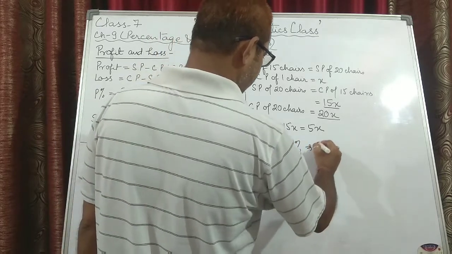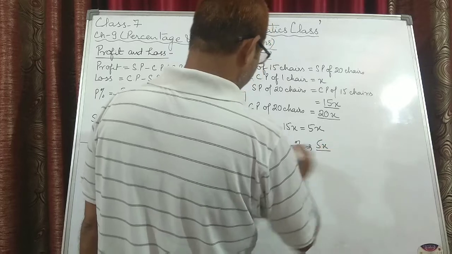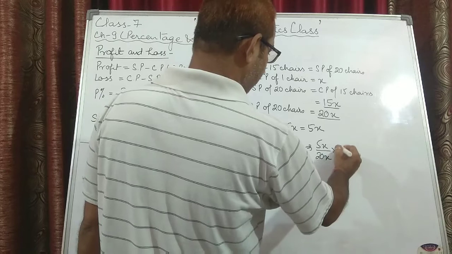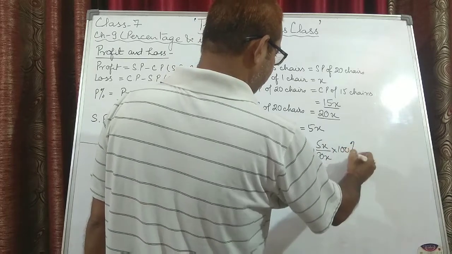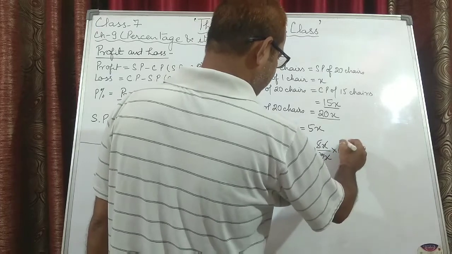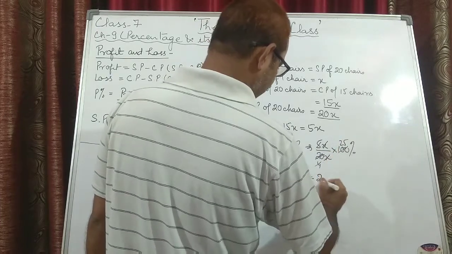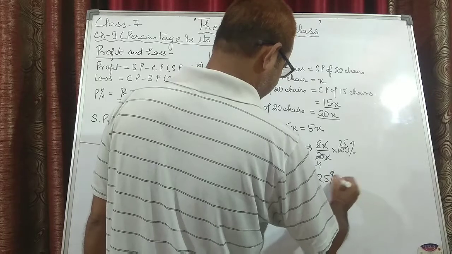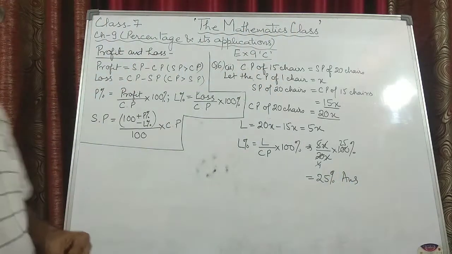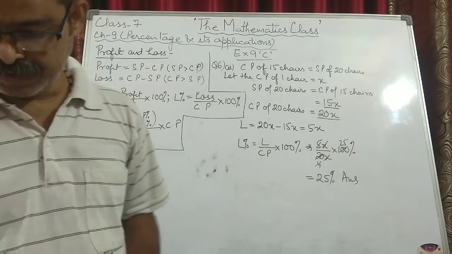Loss is 5X and the cost price of 20 chairs is 20X into 100%. X and X cancel, 5 4s are 20, 4 25s are 100. That comes to 25% as the final value. So the loss percent is 25%.